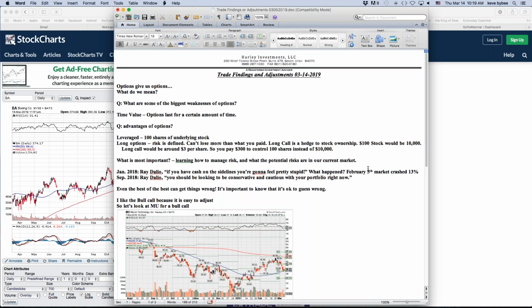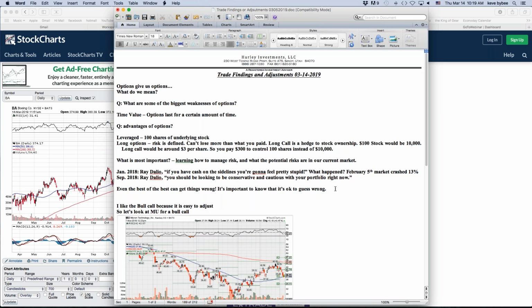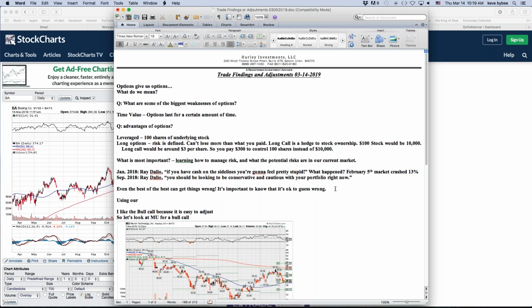But as we're learning how to manage risk, and what the potential risks are in our current market, there are some things we can do to help ourselves out by using our brains.